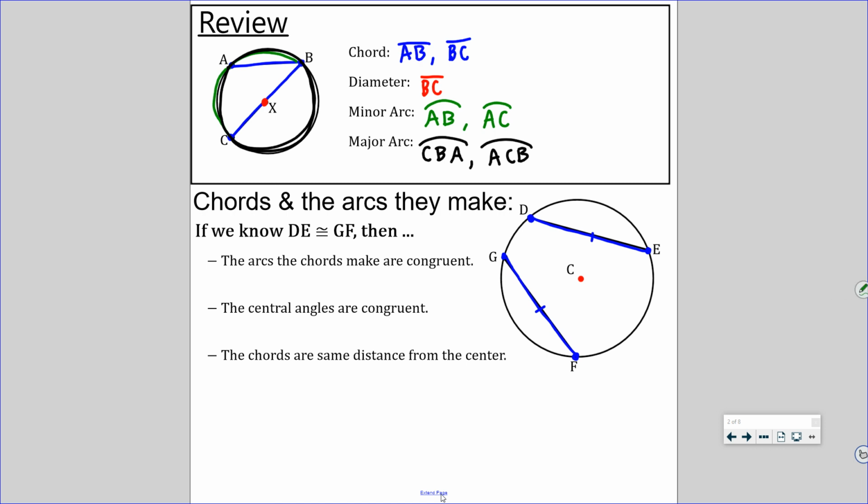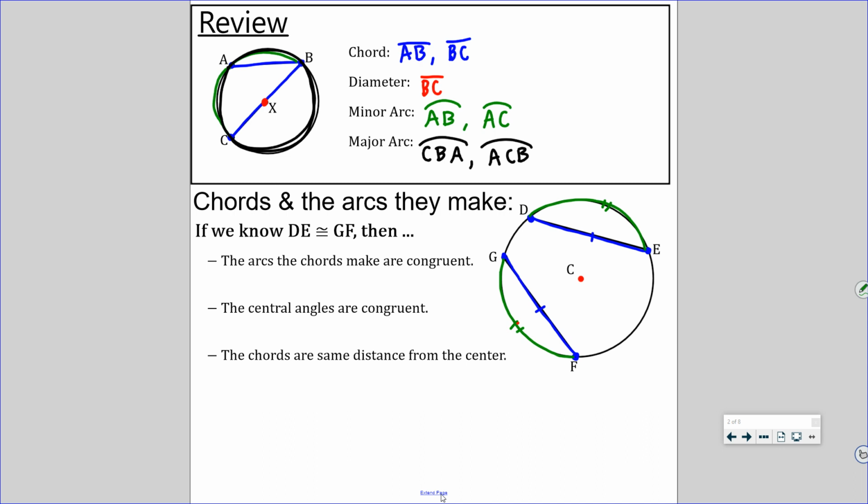The arcs that these chords form are also going to be congruent. So this arc right here, measure and length would be the same as this arc right here. And that makes sense. If you picture taking a chord, like literally a stick on a circle, and you just keep placing it, it's always going to section off the same amount of the circle, right? As long as that stick doesn't change length.